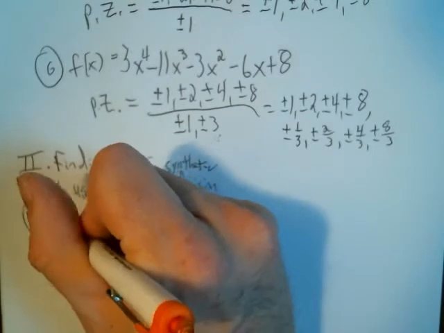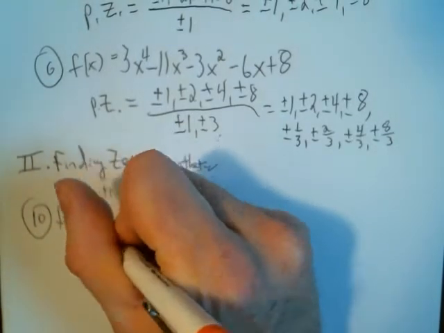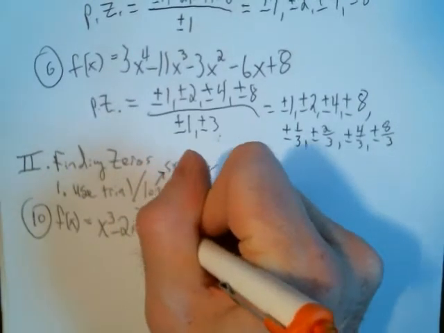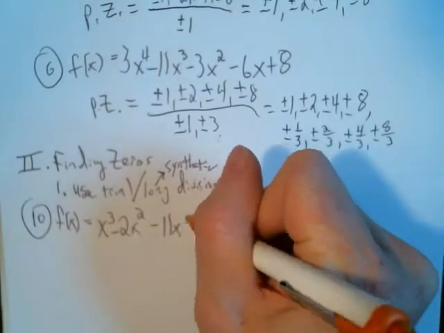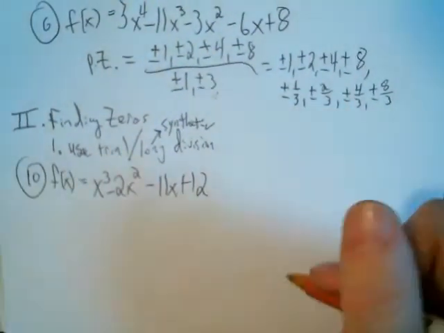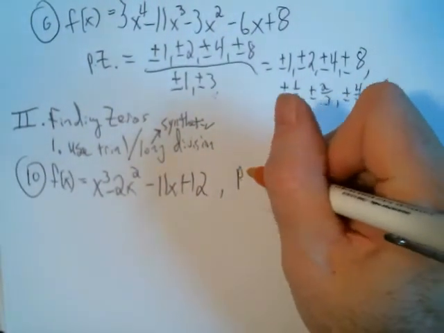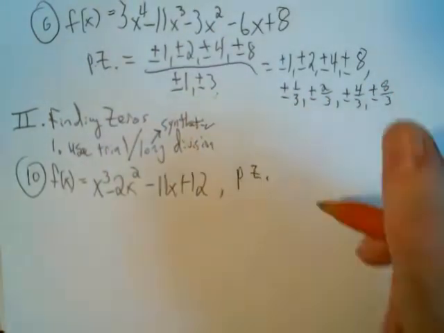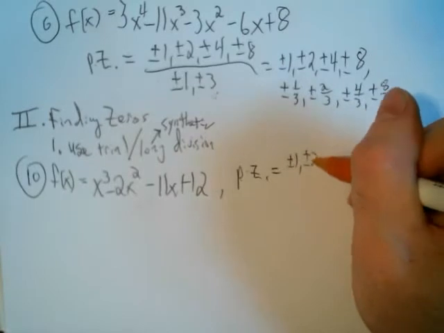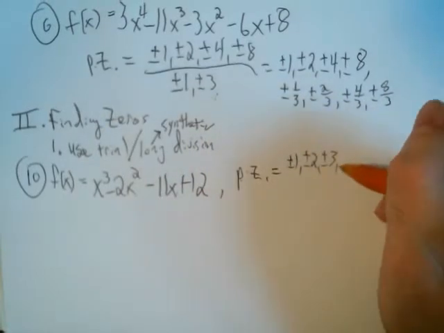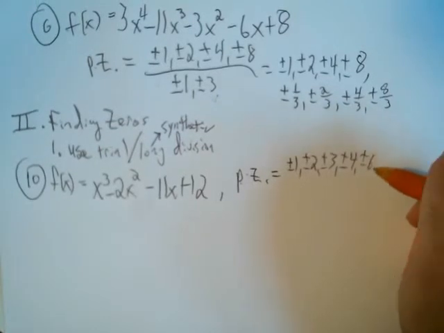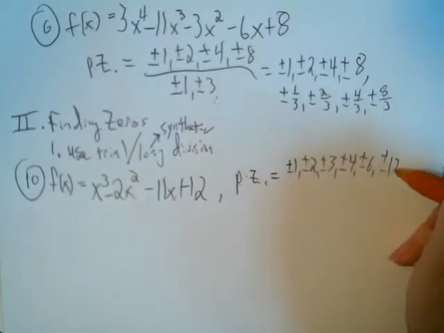We have f of x equals x cubed minus 2x squared minus 11x plus 12. Okay, so our possible zeros then, we'll have plus or minus 1, plus or minus 2, plus or minus 3, plus or minus 4, plus or minus 6, plus or minus 12.